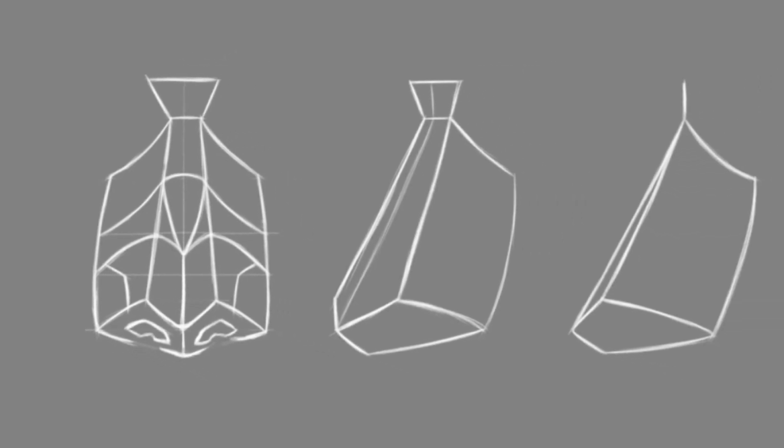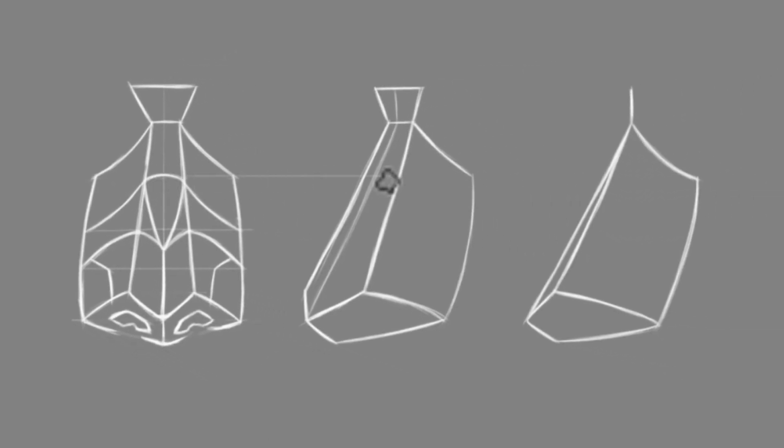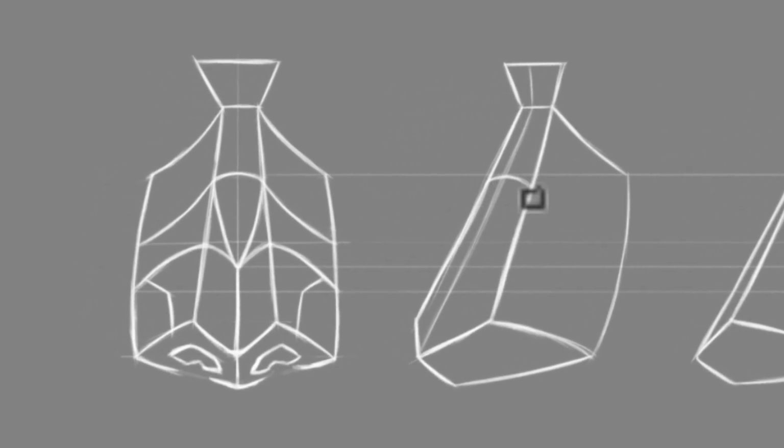Okay, now let's draw in the 3/4 view. I'll go ahead and draw in these horizontal guidelines to make sure that all the major elements line up. Again, we'll start with the separation between the nasal bone and lateral cartilage. And we'll continue that line down the side of the nose.